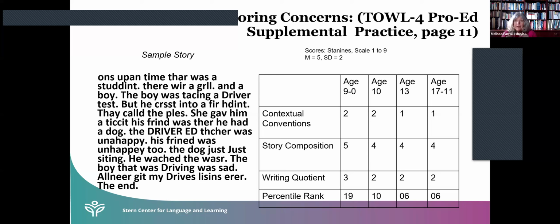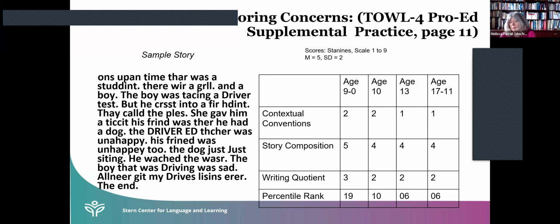So, okay, what did I do here? I took this story and I scored it according to the criteria at different ages. If a 9-year-old had written the story, I scored it. I then scored it for a 10-year-old, a 13-year-old, and at the high end of the range, 17, almost 18.